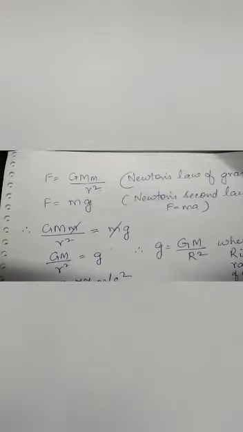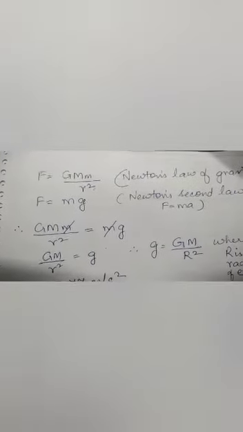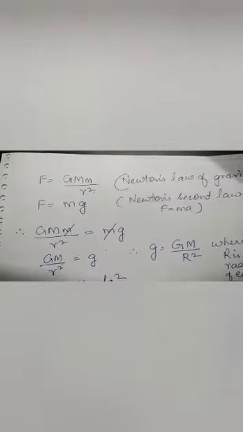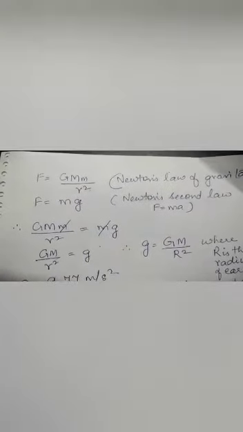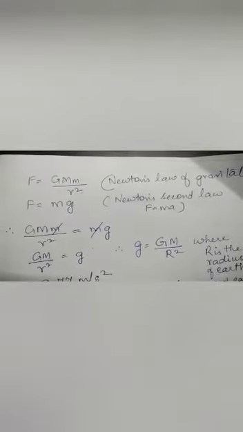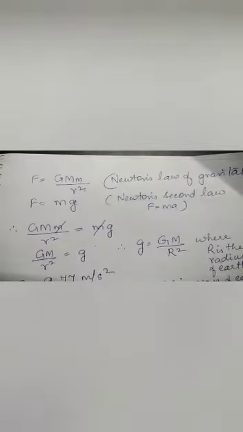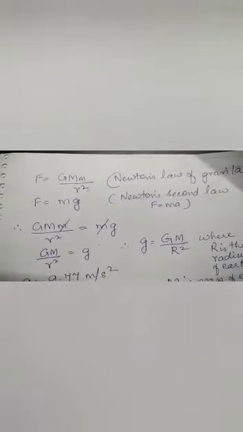Yes, children. So Earth's gravitational acceleration, the derivation is here. F is equal to G M m upon R square, that is according to Newton's law of gravitation. F is equal to mg, that is Newton's second law, which is F is equal to ma.